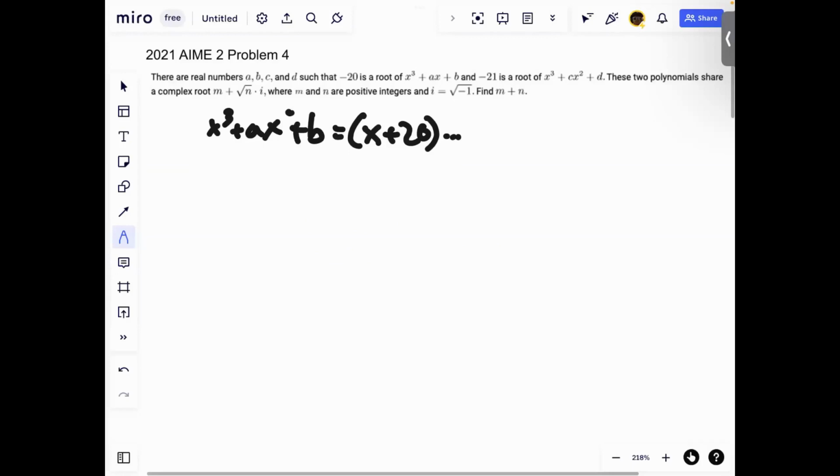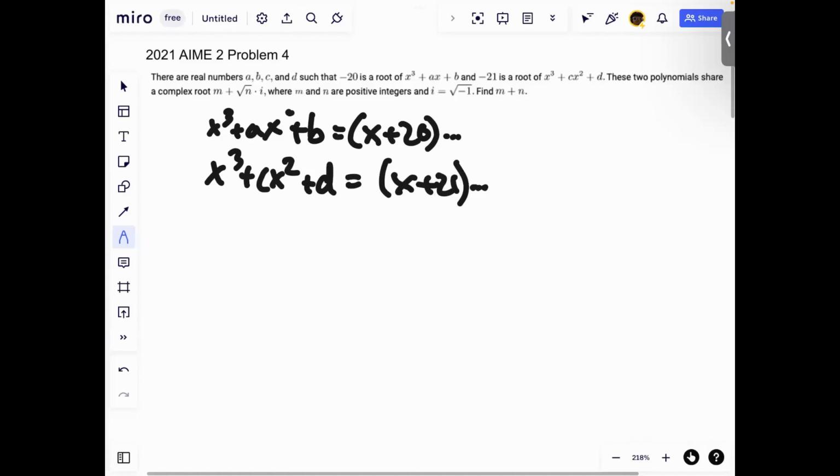And then similarly, x cubed plus cx squared plus d is equal to x plus 21 times some other polynomial, because -21 is the root of x cubed plus cx squared plus d.